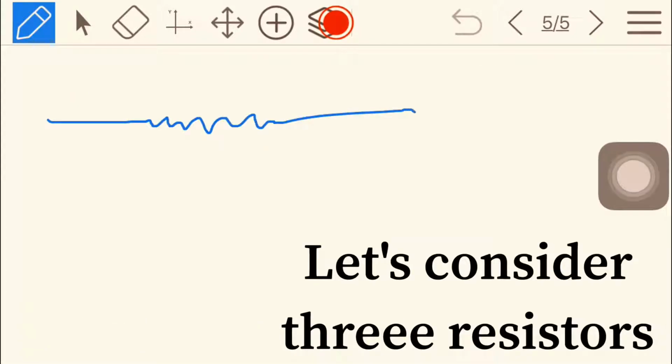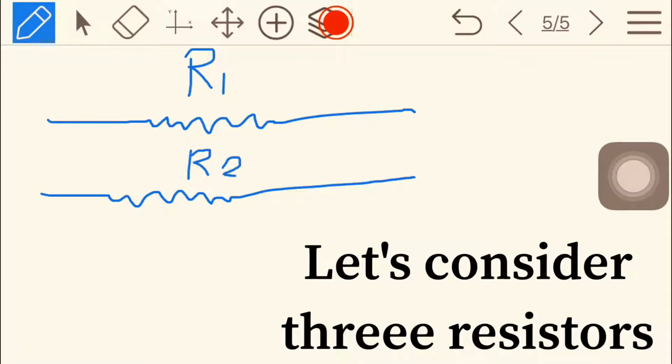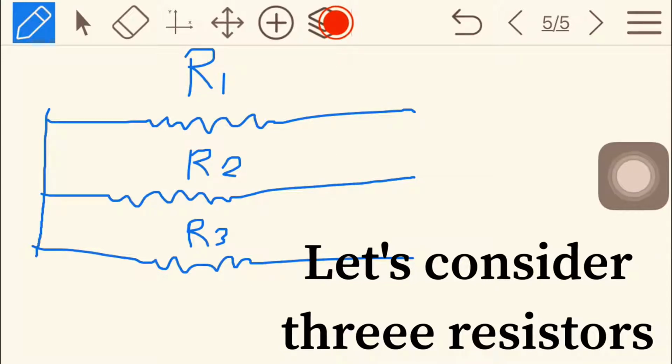Now let's consider three resistors R1, R2 and R3. We have to connect these three resistors in parallel.